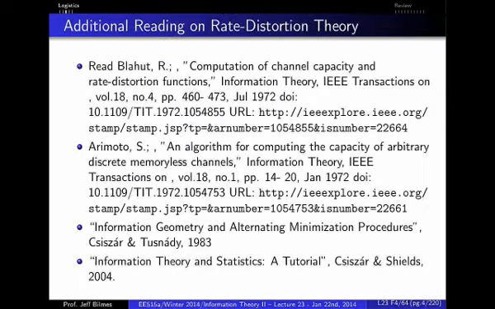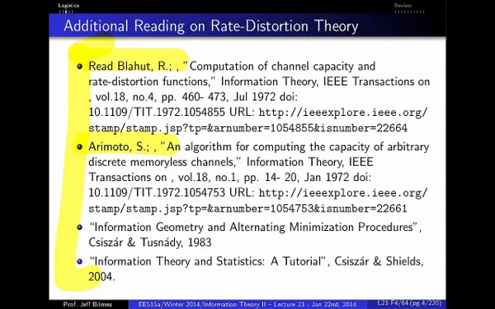But I wanted to also mention that there are a number of other readings that you should start doing, some of which we're going to be drawing from. Now is no better a time to start becoming aware of these sources. The first are these classic papers by Blahut and Arimoto, after whom the Blahut-Arimoto algorithm is named.